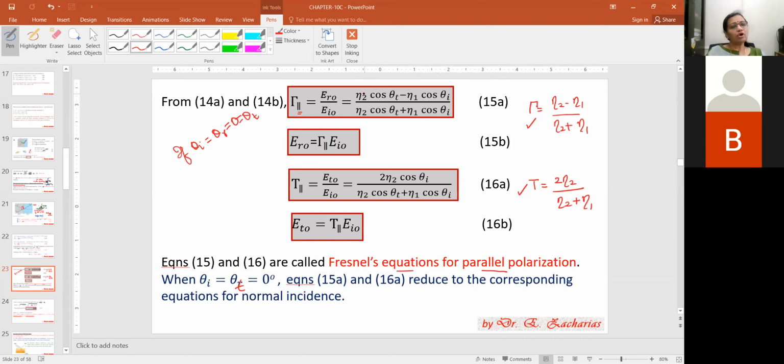Eta 2 means you are already in the second medium, so cos theta t, the transmission angle. Eta 1 is the relationship between incident and transmitted, therefore here you will have theta I because you are in the first medium. Similarly for this one, there is a difference: eta 2 cos theta I will come, and eta 2 cos theta t, and these two will be the normal thing.